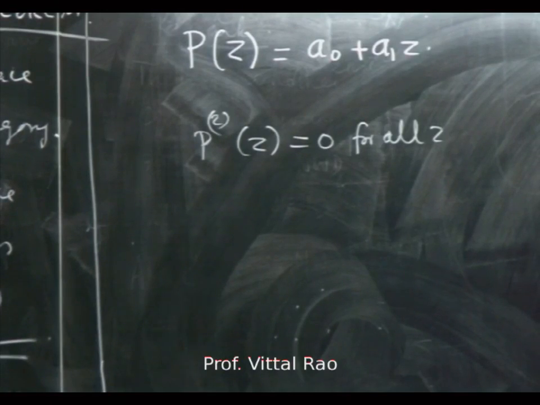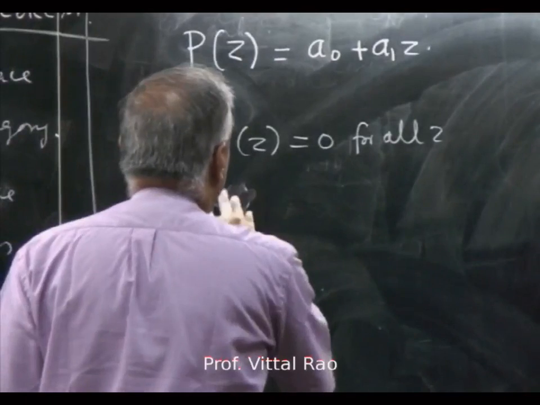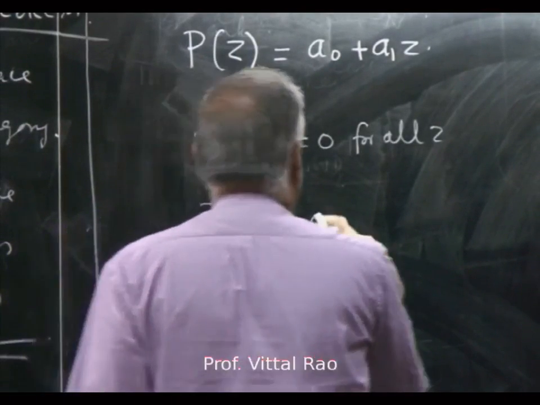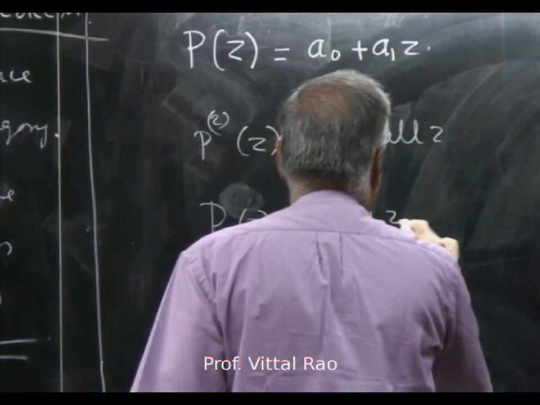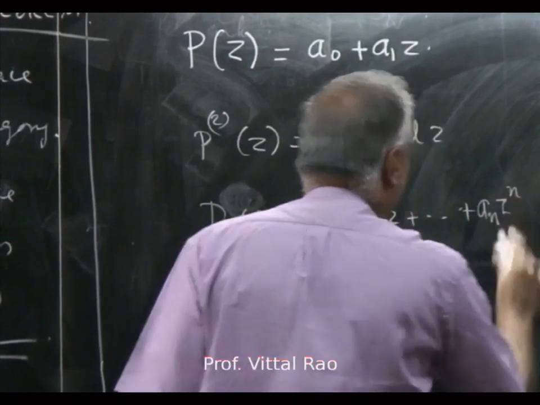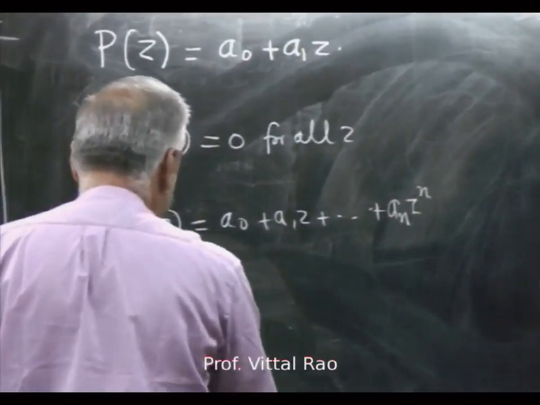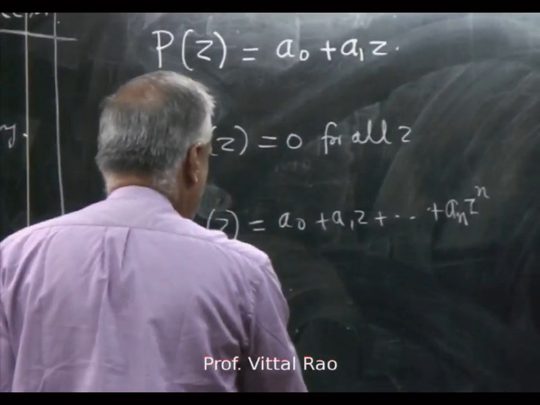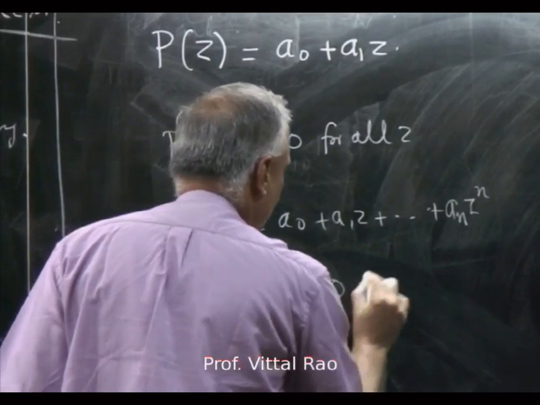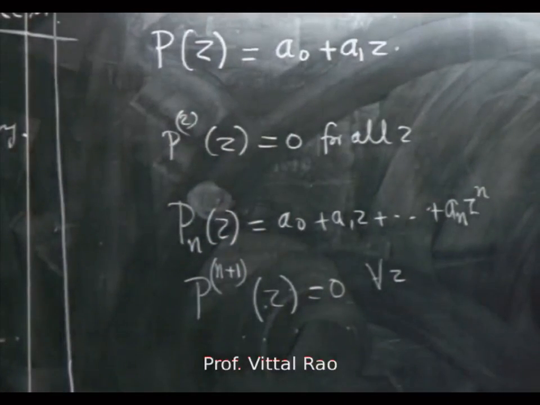Similarly, if you take a polynomial of degree n, a0 plus a1 z plus up to an z to the power n, then the (n+1)th derivative is 0 everywhere.